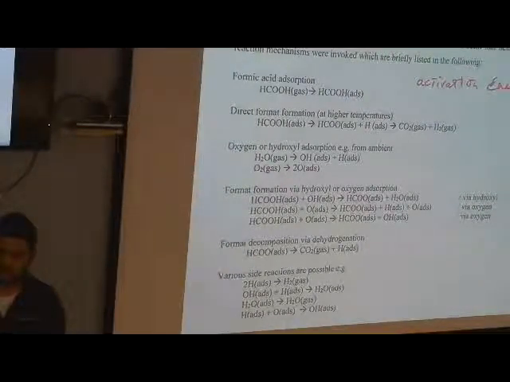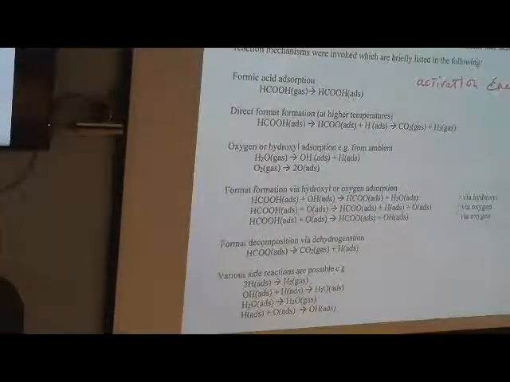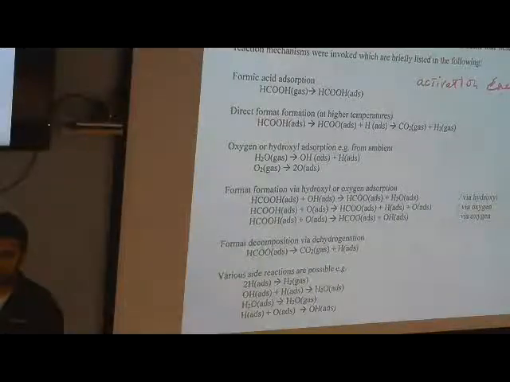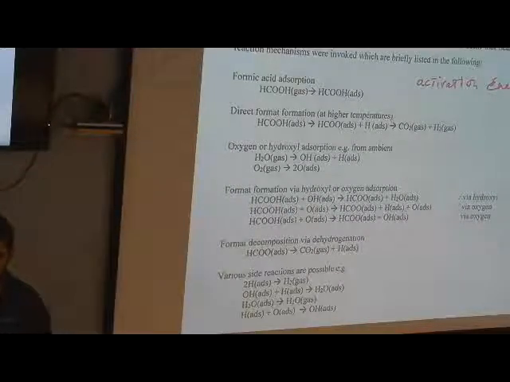So which conditions would prevent decomposition of the formate or formic acid? Right now perovskite works as a catalyst for decomposition of formic acid. If we want to keep it, what should we do? On the perovskite, yes.